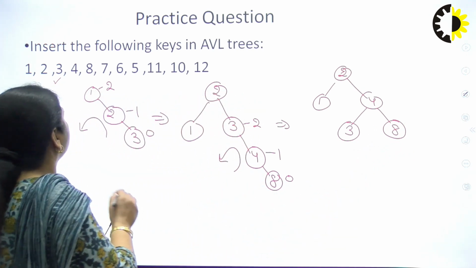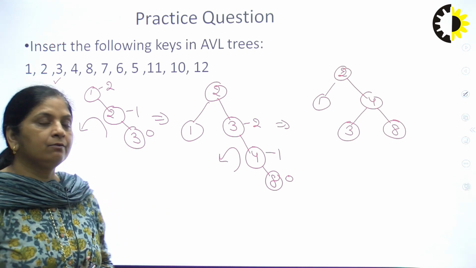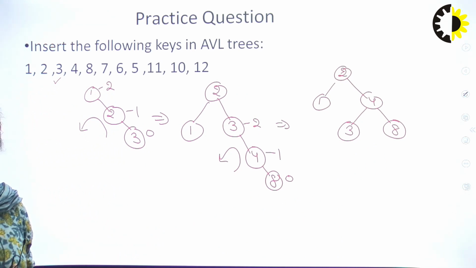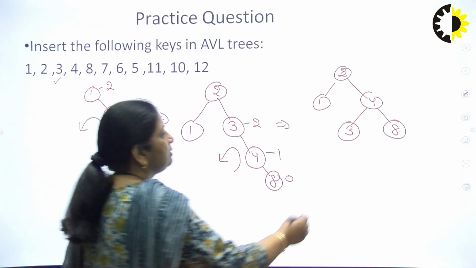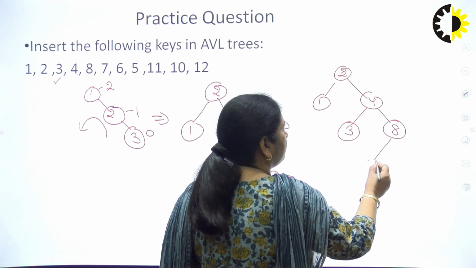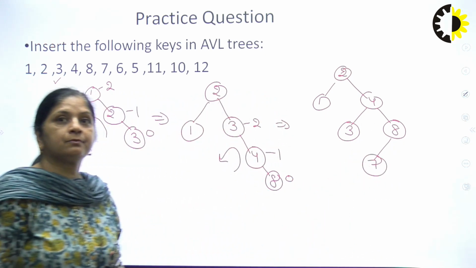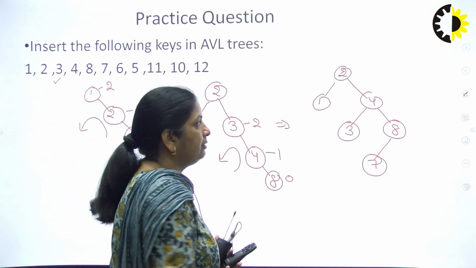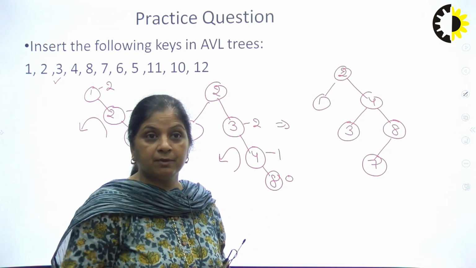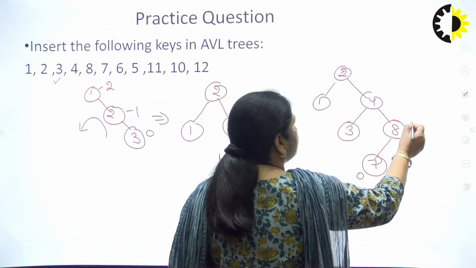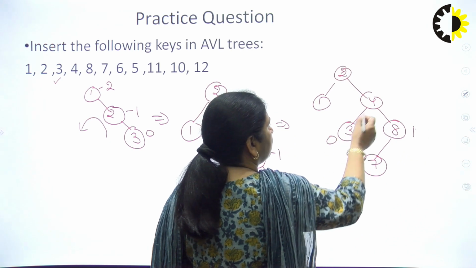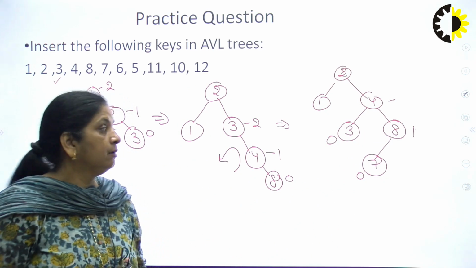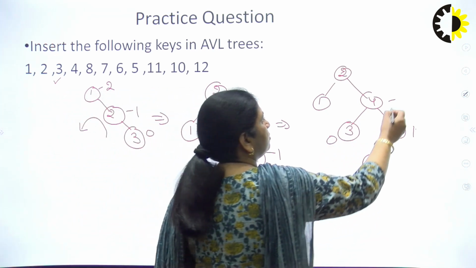Next is 7. We will find the location for 7. When we insert 7, the location we found for 7 is here. Now we find that some disbalancing is there. It is 0, it is 1, it is 0, and 1 minus 2 is -1.